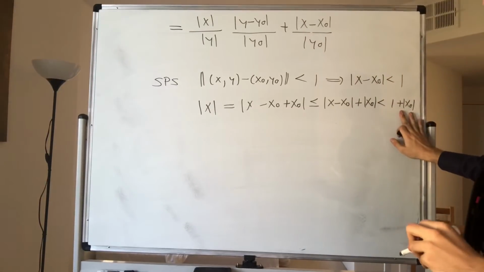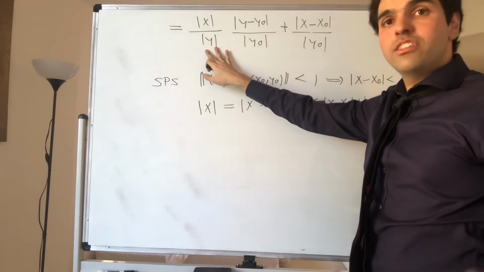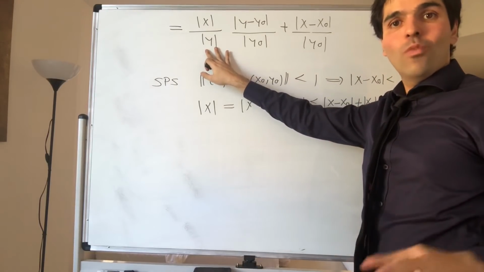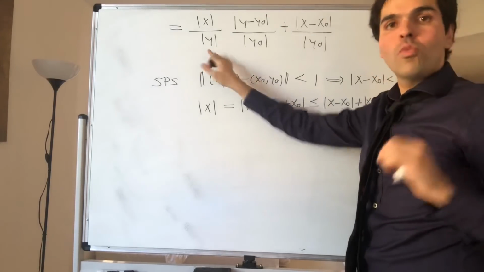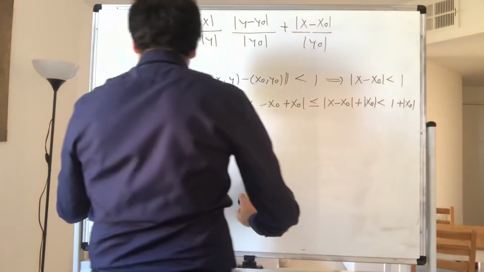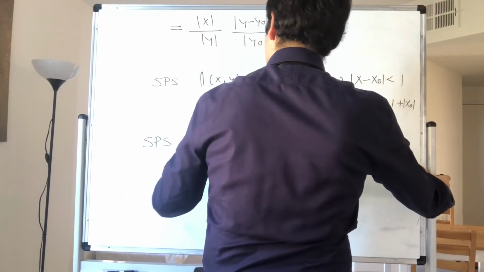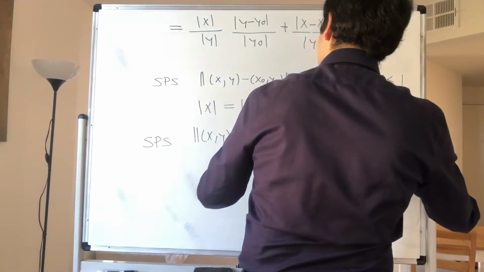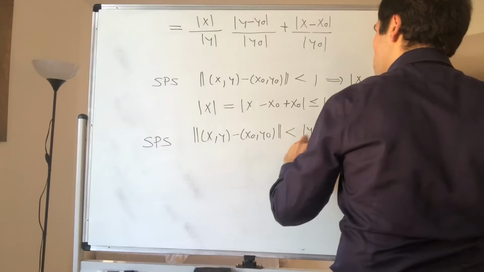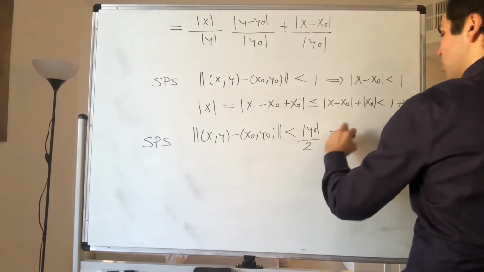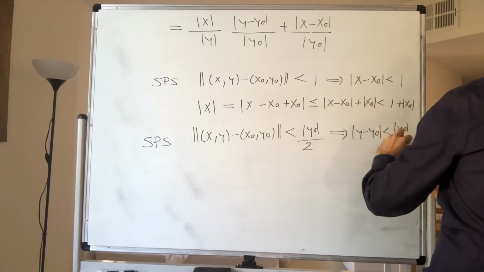So this is taken care of, but then the problem is for the y, we want something that's bigger than y, 1 over y. We want |y| to be bigger than a constant, because then 1 over |y| will be less than that. But now, here's the trick. Suppose now this distance, (x, y) minus (x naught, y naught), is less than, you'll see why this is useful, |y naught| over 2. Then in particular, |y minus y naught| is less than |y naught| over 2.